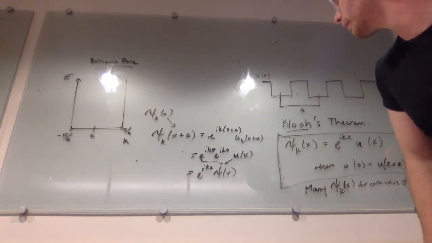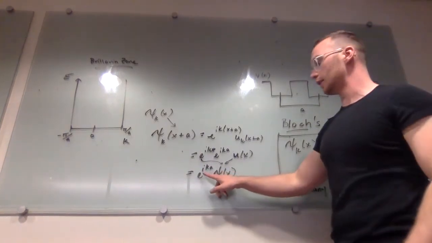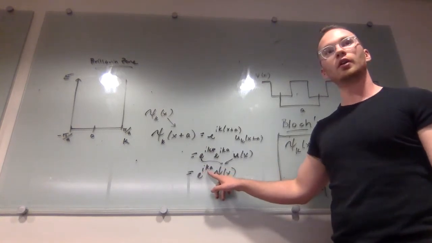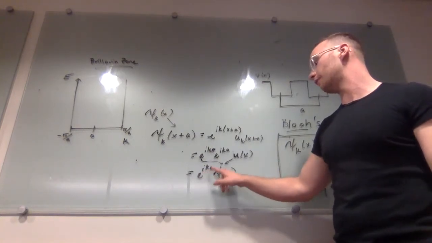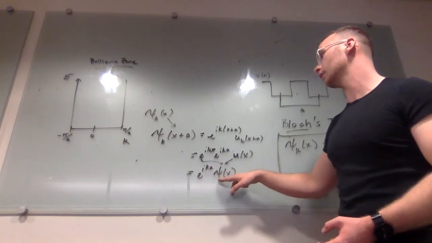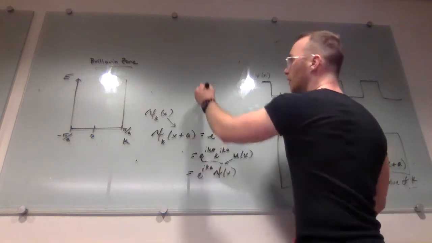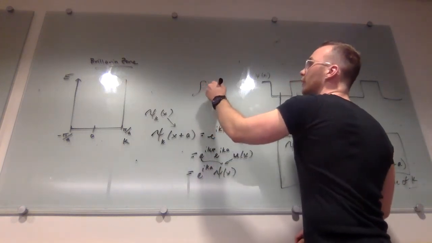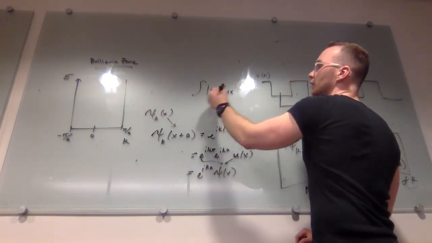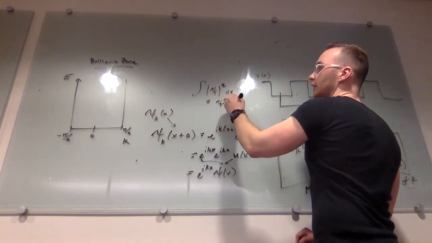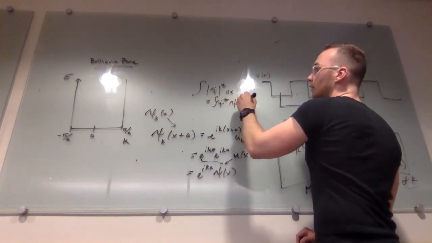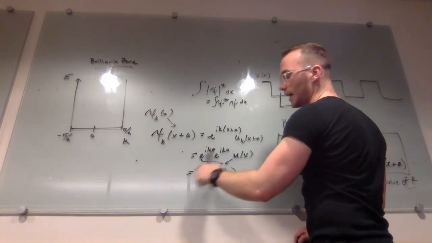Now this is just e to the i times a number, and this is just a phase. When we calculate anything real, like squaring it to find the probability, it's psi times the complex conjugate of psi, and the complex conjugate has a minus, so it just goes away.